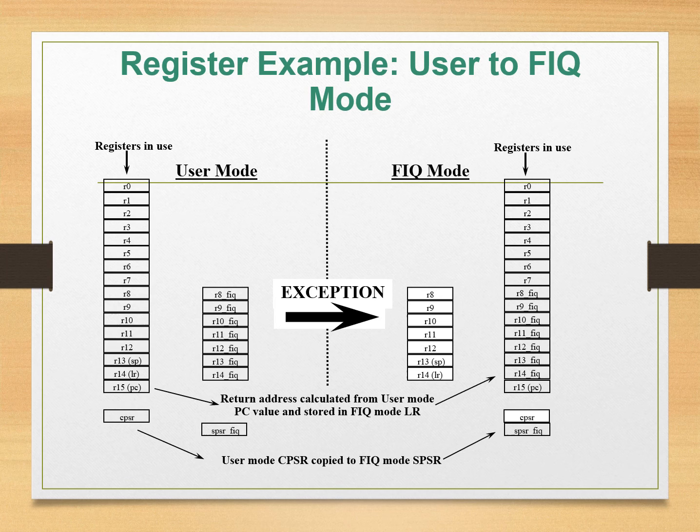When an interrupt occurs, you see that R15 is the program counter. Okay, the return address is calculated from the user mode PC value and stored in the FIQ LR.